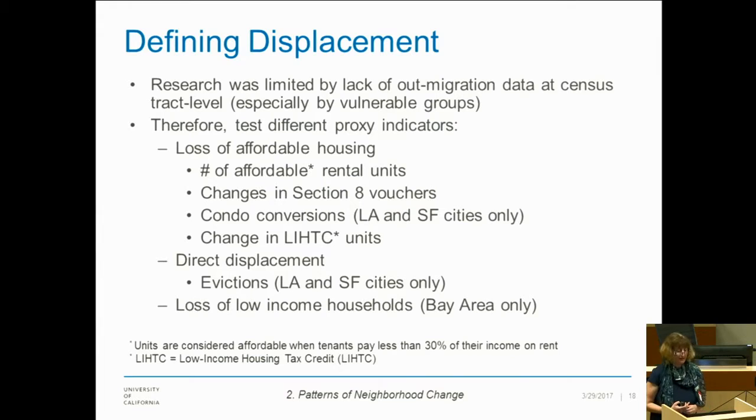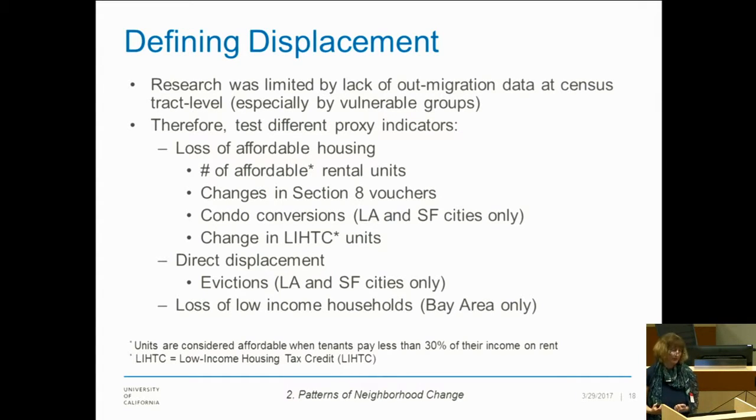We next looked at displacement through a number of different indicators. Now here, as I mentioned already, we're limited by the lack of data. The census doesn't have out-migration data, particularly for specific vulnerable groups. So we used proxy indicators. We looked at the loss of affordable housing, and there are many different ways of thinking about affordability.